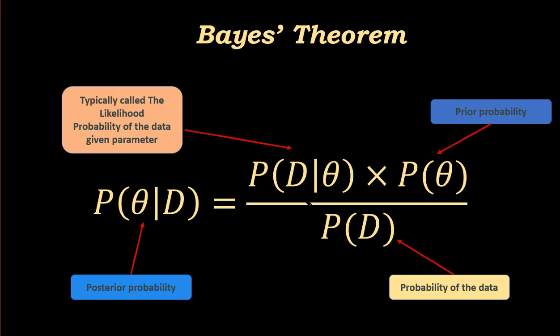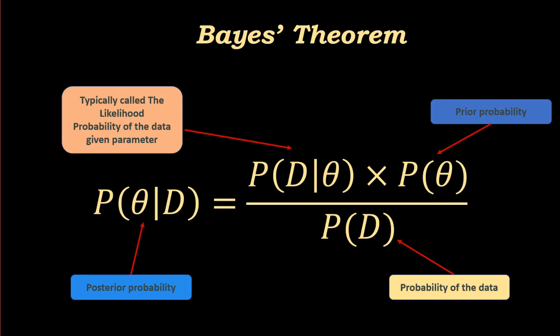And here is the probability of the data given the parameter value. So for a parameter value, let's say a mean of 0, what's the probability of observing the data we obtained in our study, which is the mean of our sample, for example.